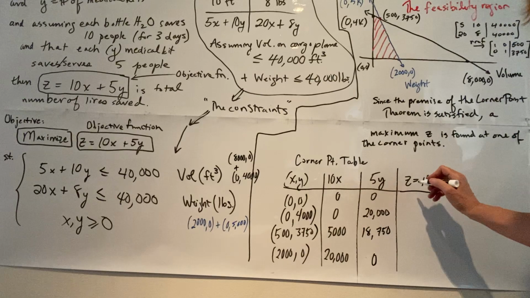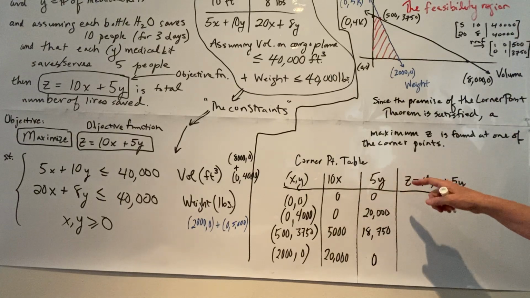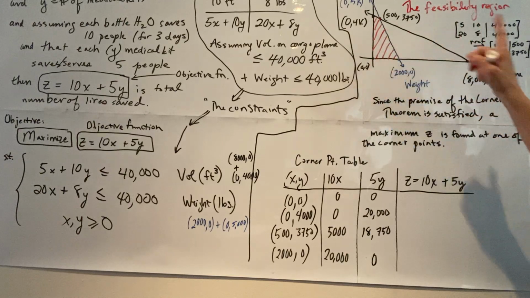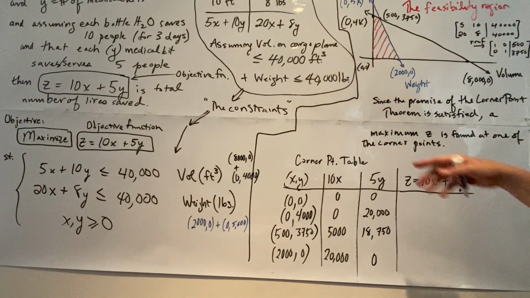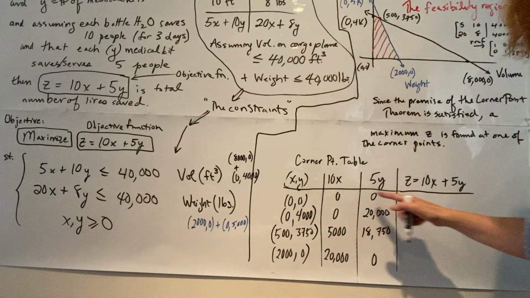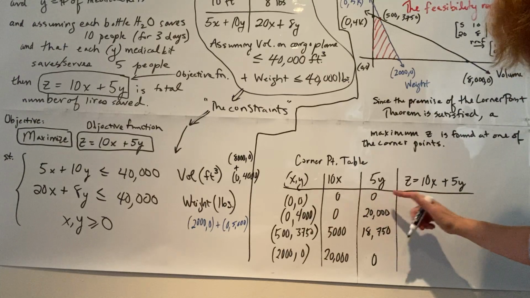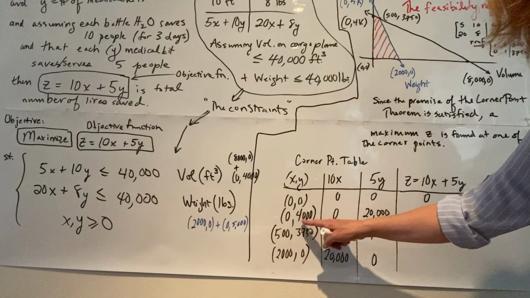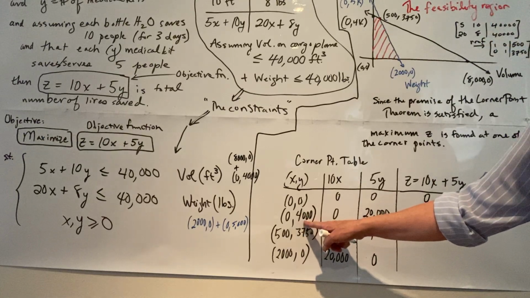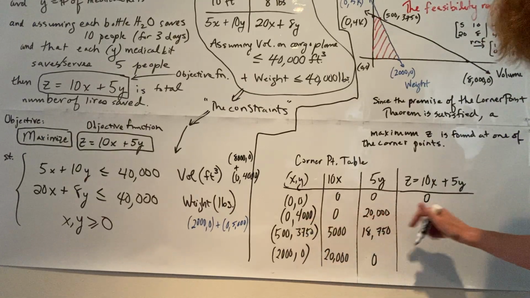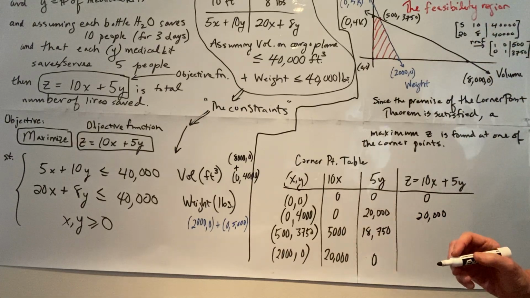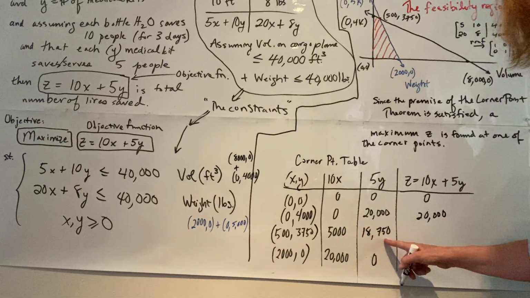So, total number of lives saved under each of these packing plans at the corners, one of which is going to be our maximum by the theorem. Lives saved under this plan, where you put nothing in there, well, no lives saved. If you put in, what does this represent? All Y, all medical kits, you're going to save 20,000 people for 3 days. What happens here?